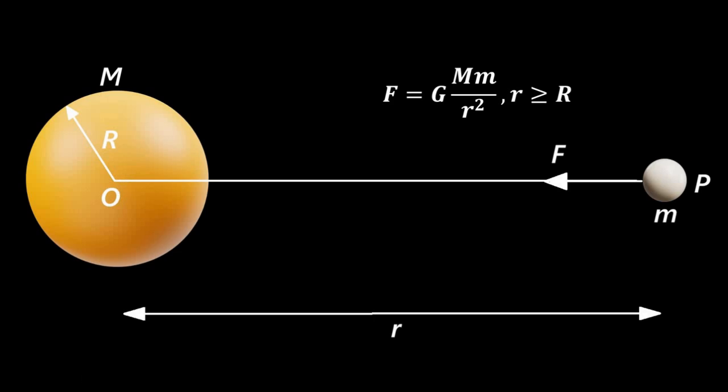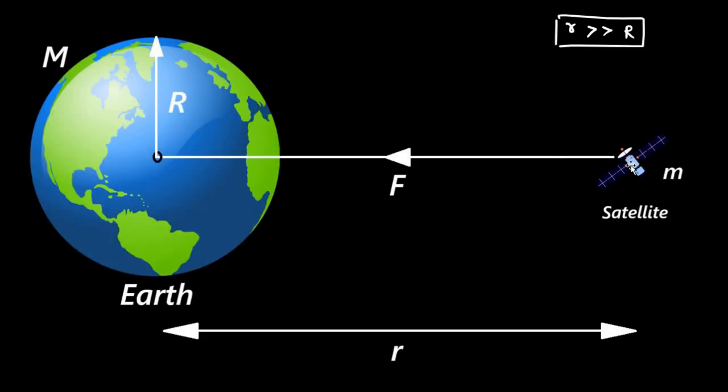Same here also. The gravitational force of attraction acting on the satellite due to Earth is directed towards the center, because gravitational force is central in nature. It acts along the line joining the centers of mass of the two objects.